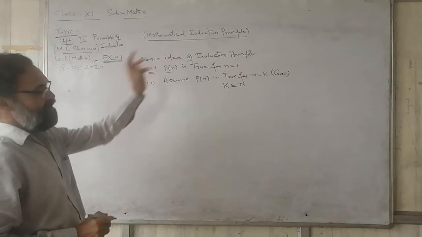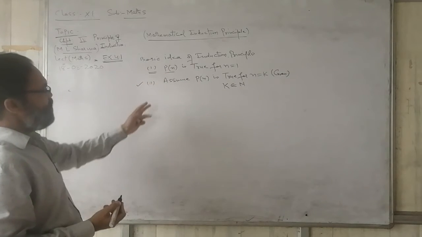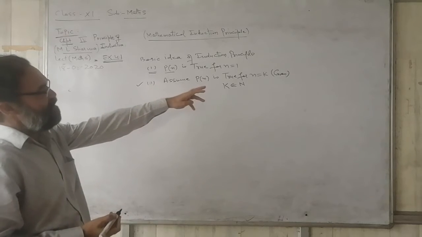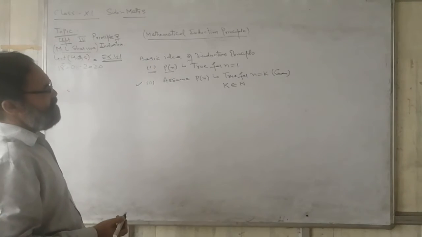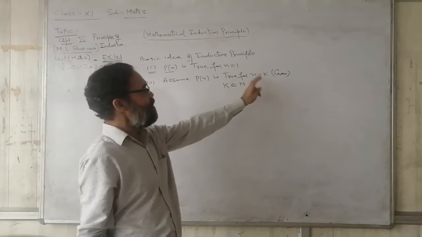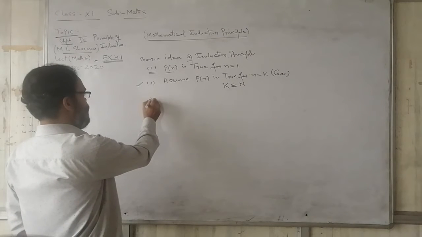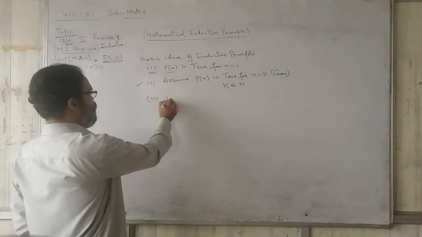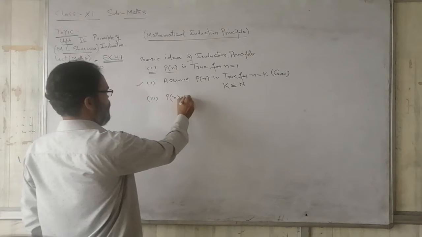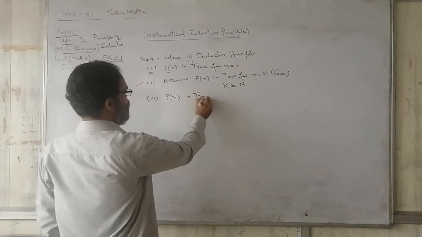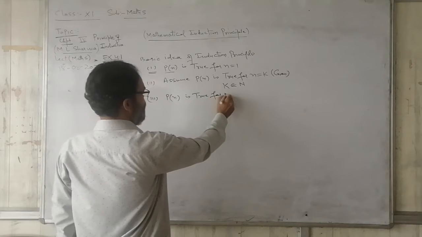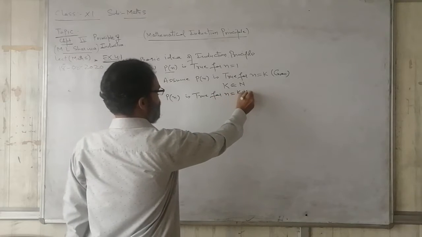If P1 is true for n equal to 1, that means it is understood the same statement will be true for the next positive numbers. And the third step, we have to prove Pn is true for n equal to k plus 1.